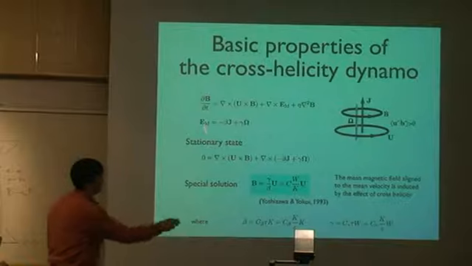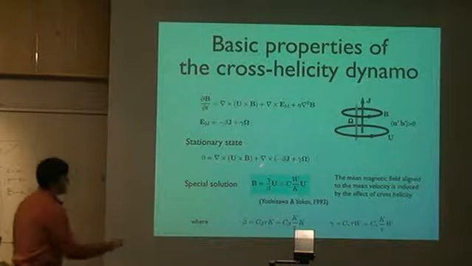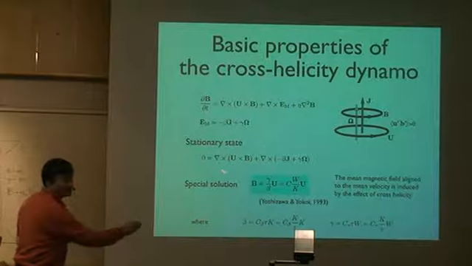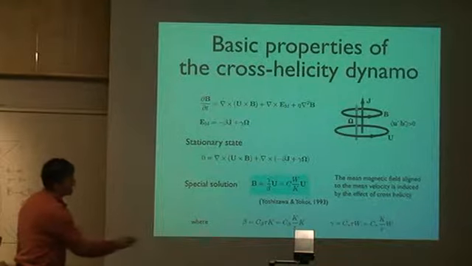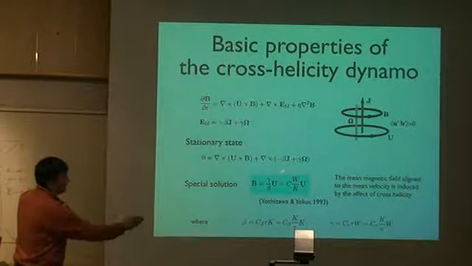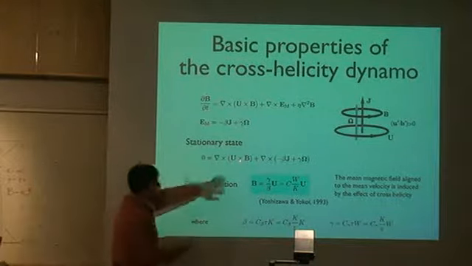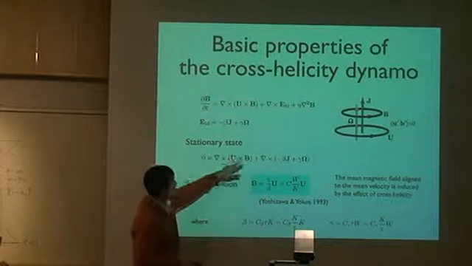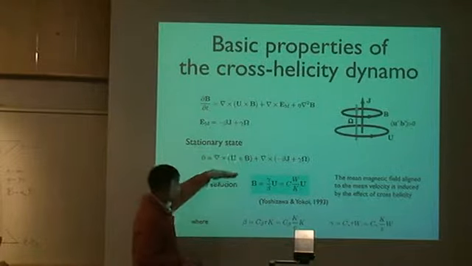So we found this special solution for this state: if we have alignment of B and U with a coupling constant of gamma over beta, then with some assumption or approximation, this term can be neglected because of alignment.